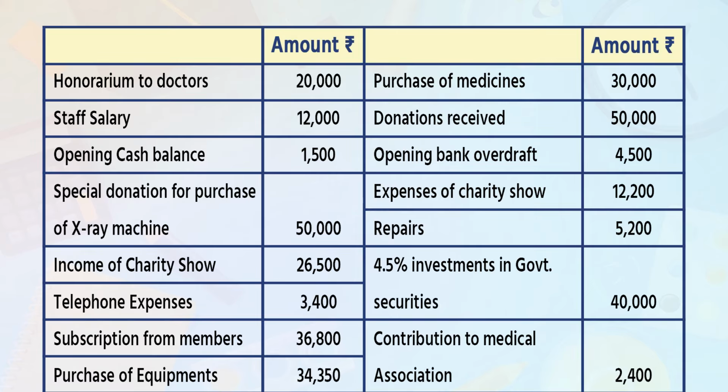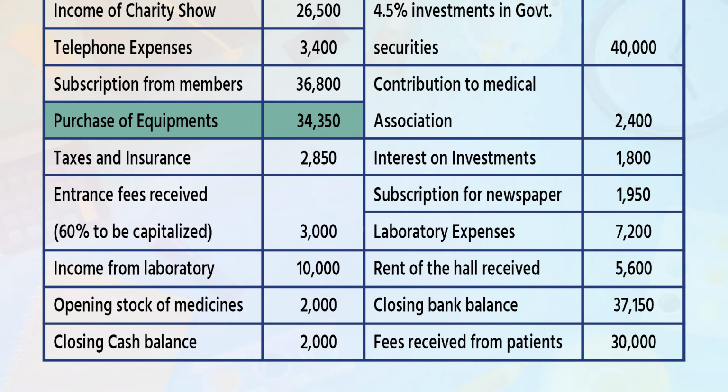Information are there: honorarium to doctors, staff salary, opening cash balance, special donation for purchase of X-ray machine, income of charity show, telephone expenses, subscription from members, purchase of equipments, taxes and insurance, entrance fees received 60% to be capitalized, income from laboratory, opening stock of medicine, closing cash balance.